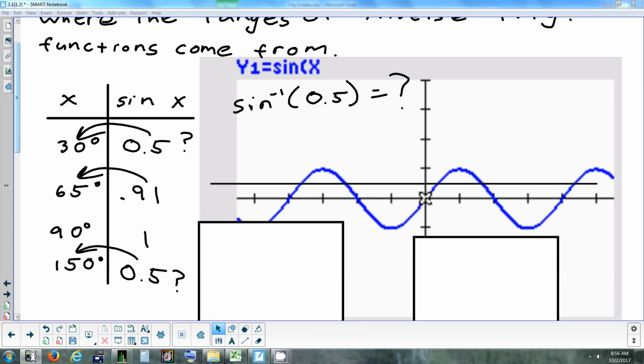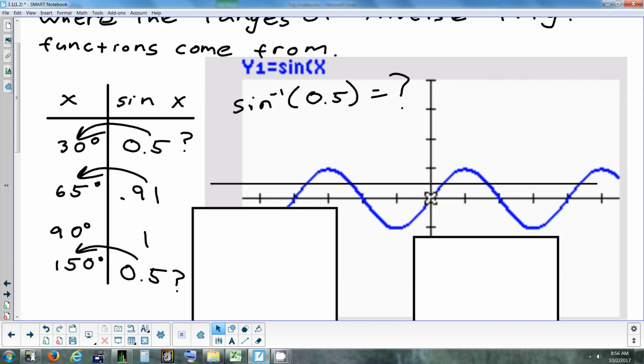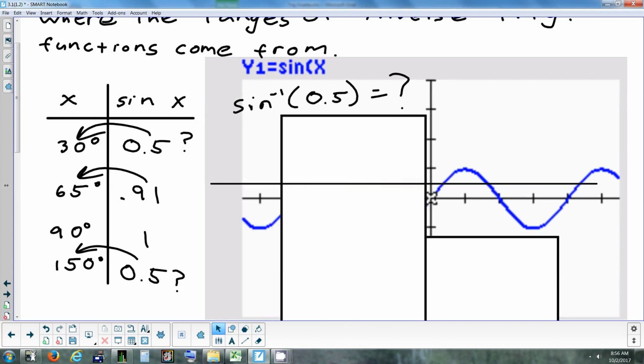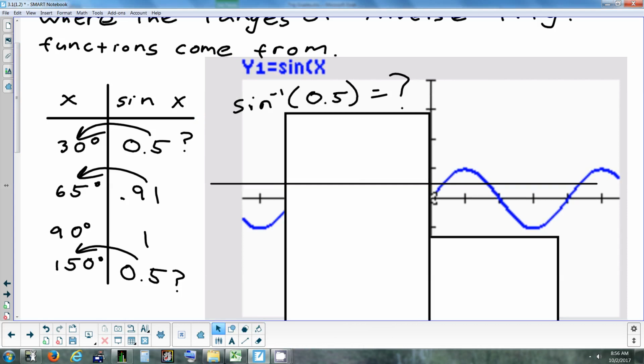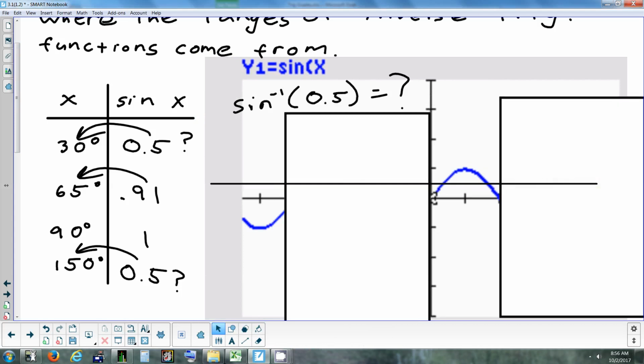So what we're going to do is block part of the sine function. We're going to focus just on one small section. Let's pretend we focus on the section from 0 to 180.